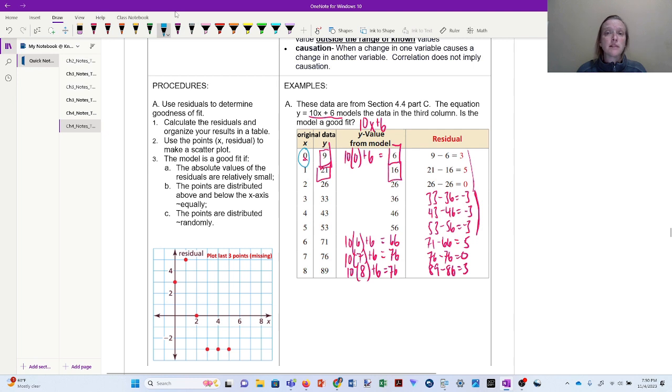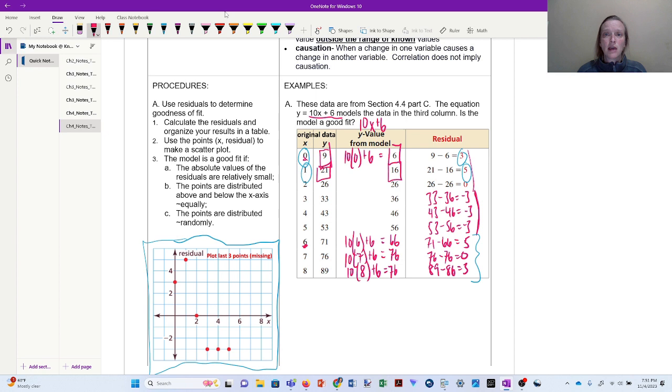If we plot these data using 0 as my x and 3 as my y, or 1 as my x and 5 as my y, this graph shows us what the graph of residuals looks like. Here I've graphed the first 7 points, but I haven't graphed these last 3, so I'll go ahead and add those in now, just to be clear on where I'm getting the numbers from.